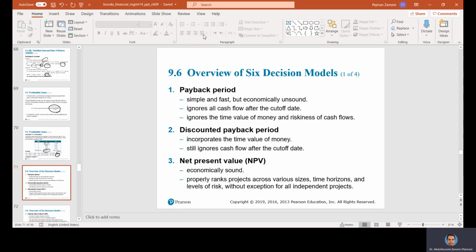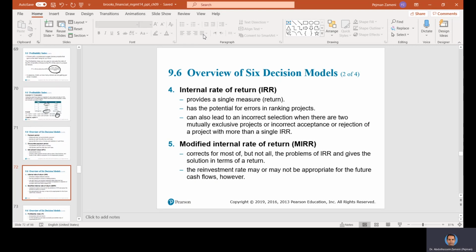Net present value, NPV: economically sound, properly ranks projects across various sizes, time horizons, and levels of risk, without exception for all independent projects. IRR provides a single measure, a return, but has the potential for errors in ranking projects, and can also lead to incorrect selection when there are two mutually exclusive projects, or incorrect acceptance or rejection of a project with more than a single IRR.